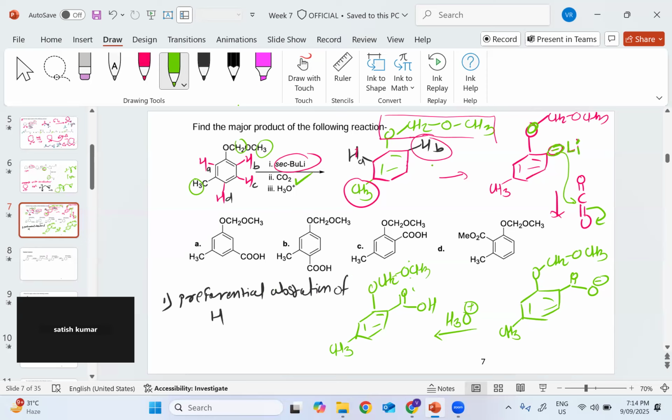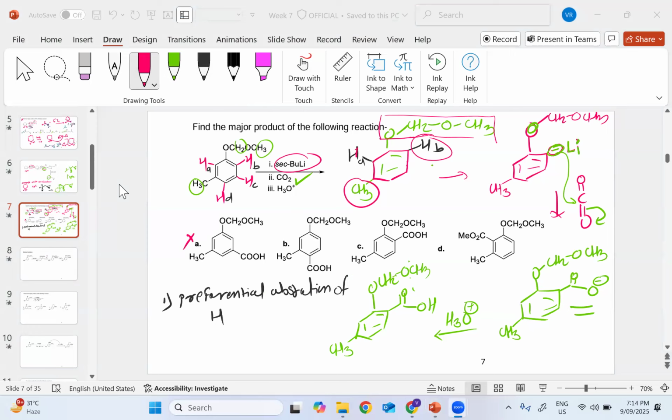We have carbon dioxide as the source of electrophile, so it gives the carboxylate anion, and upon acidic workup, it gives the formation of the product. Among these options, option A is the incorrect option, as you can see.